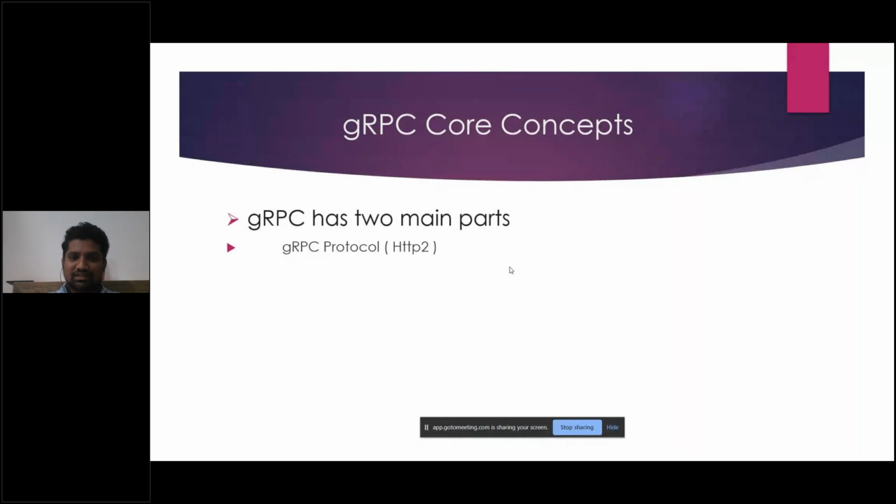Next are the streaming options, which are not possible with conventional HTTP. We don't have any capability of streaming with REST applications as of today. And next is the data serialization. We all know we use JSON for data serialization, but gRPC uses its own type of serialization, that is Protobuf. So let's explore Protobuf as well: what is Protobuf basically, how we can design the services, and what it is exactly. That we will come to in the next parts.